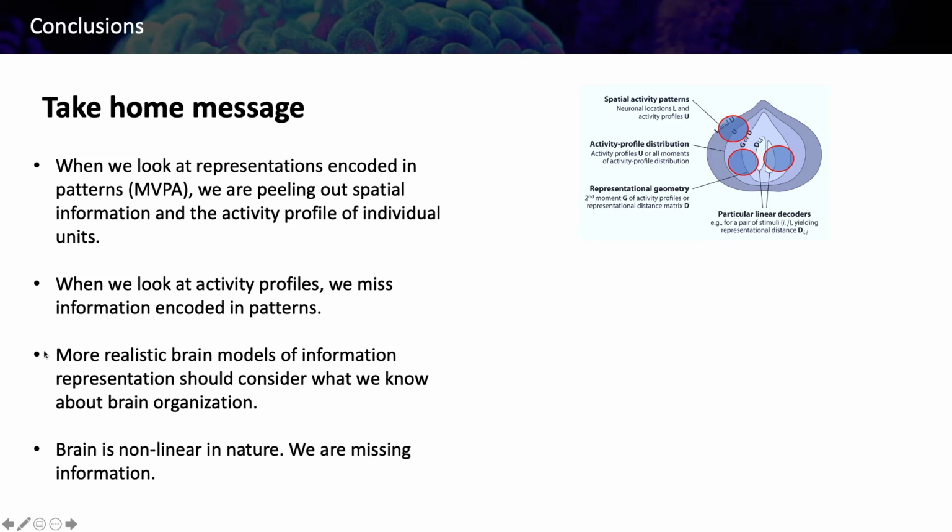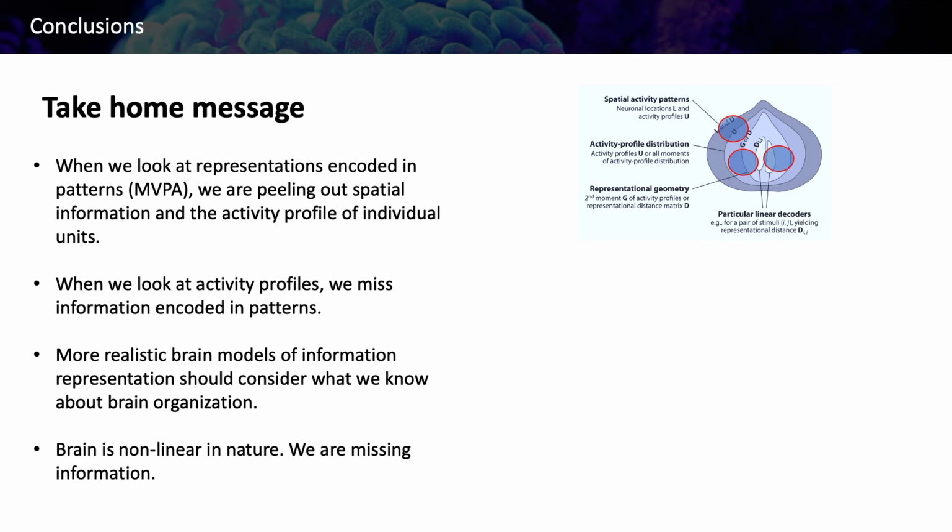Another important thing is that more realistic brain models of information representation should consider what we know about brain organization. So it's not only that we try to classify one piece of information from another. We have to impose some constraints on our model, considering what we know about the brain, right? This way we will really be closer to understanding how the brain works, because this is one of our goals.